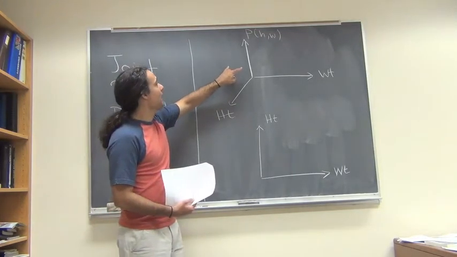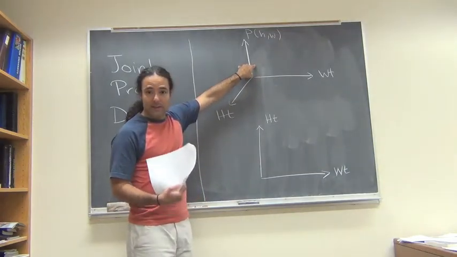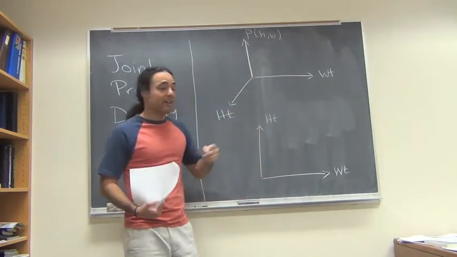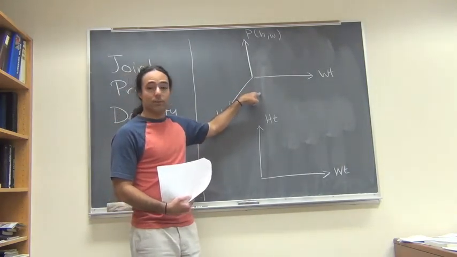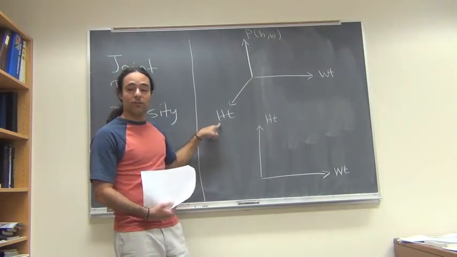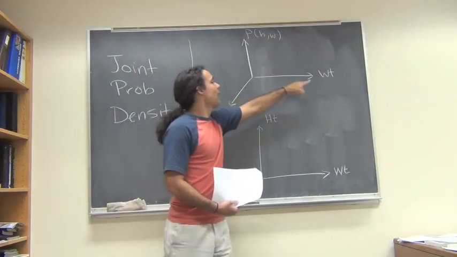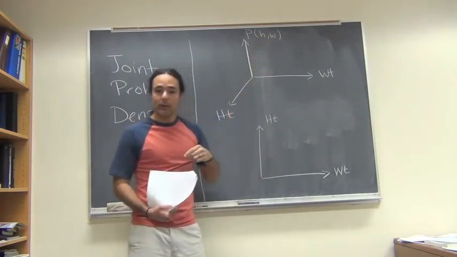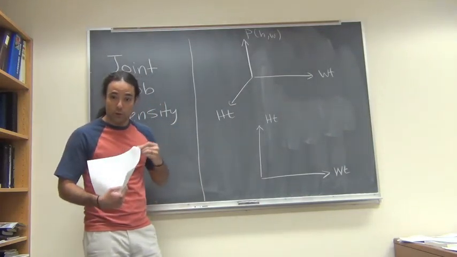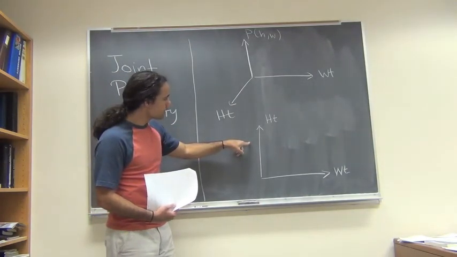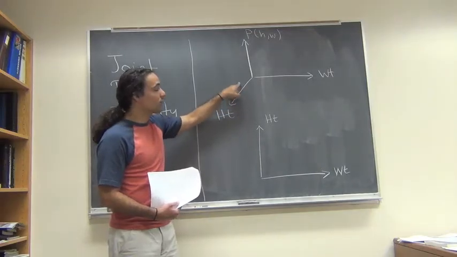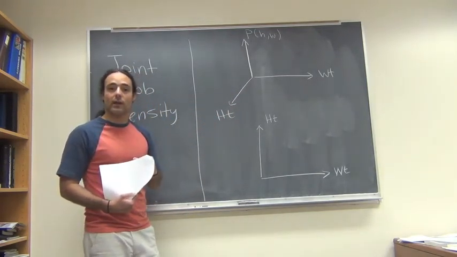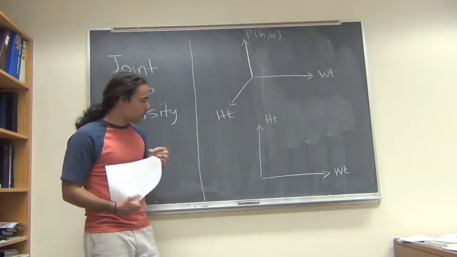Well, I can plot that probability as a probability density in a three-dimensional plot where on the x-axis we have the height, on the y-axis we have the weight, and on the z-axis we have that joint probability density. However, it's going to be very difficult to plot that on a three-dimensional plot, so I'm going to try to show this as a contour plot.